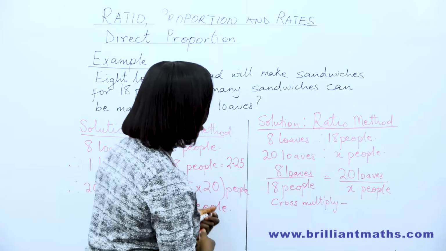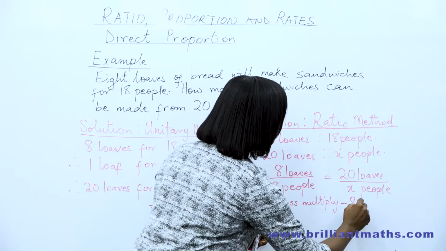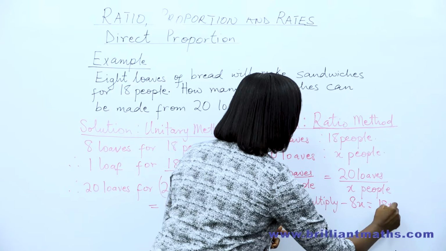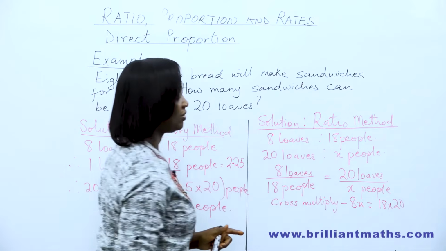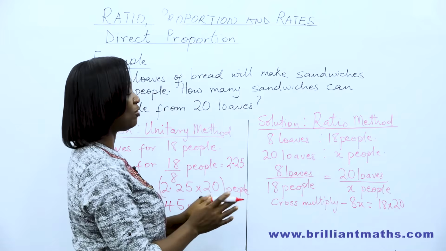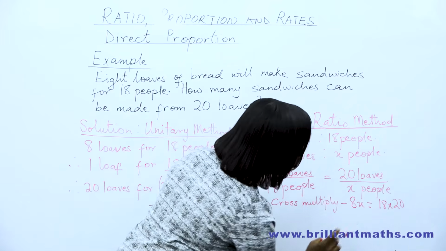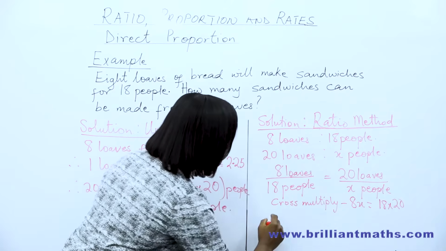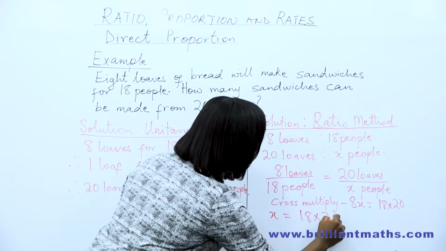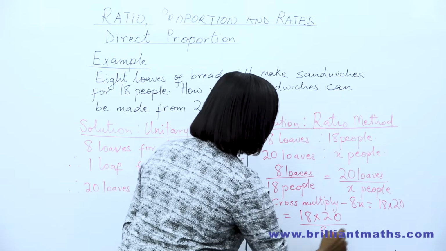So we'll cross multiply. So when we cross multiply, we have that 8x is equal to 18 times 20. Remember, we're finding x. X is the number of people we can make sandwiches for with 20 loaves. So if 8x is equal to 18 times 20, then x is equal to 18 times 20 over 8.